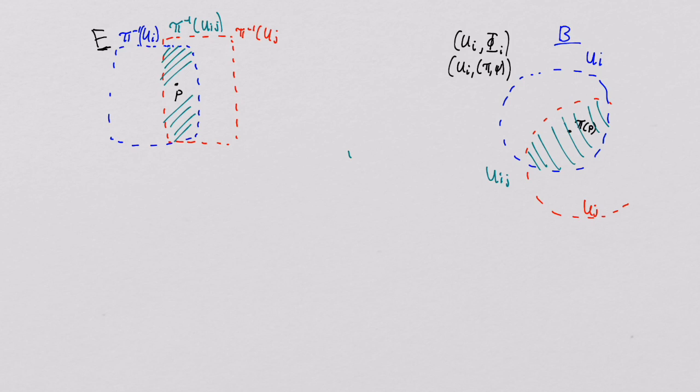Okay, but there are now two different local trivializations that will take this pre-image of that intersection, one local trivialization and another local trivialization. One of them would be called psi, and the other would be called phi, and they both land in the set u sub ij Cartesian with the fiber.